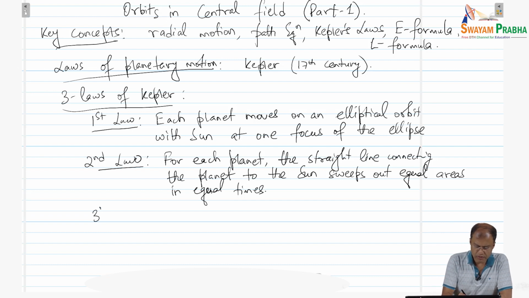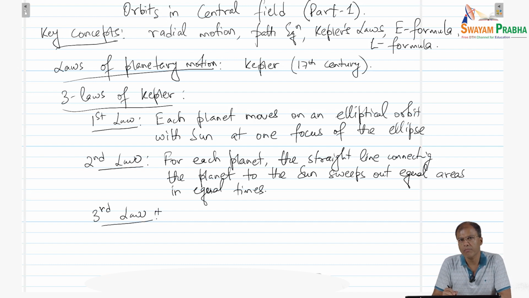And the third law, which is the most interesting one, provides a relation between the period of the planetary motion and the semi-major axis of the ellipse on which the planet is rotating.